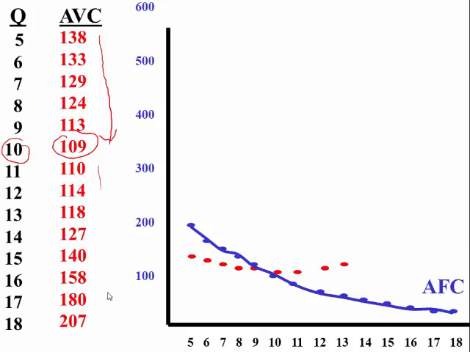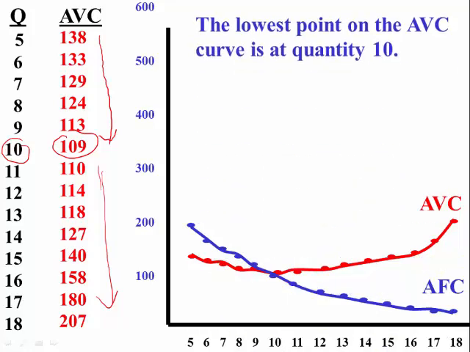Notice how it begins to rise, going from 110 to 207. As you plot these dots, notice that the AVC goes downward to the 10th unit. Notice that the lowest point is at the 10th unit at 109. Make that dot a really big dot. That'll become important later in this discussion.